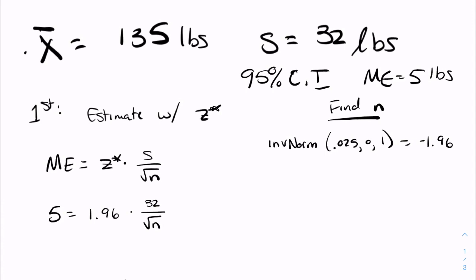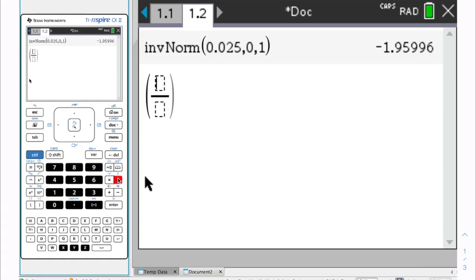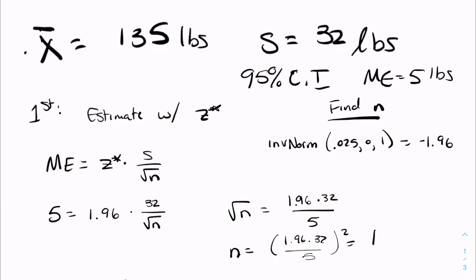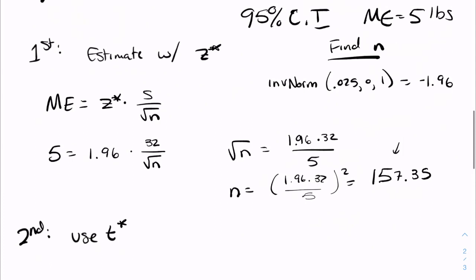So we would get square root of n equals 1.96 times 32 over 5, which means n, if we were using z star, would be equal to (1.96 times 32 over 5) squared, which gives us 157.35. So this is the n that we're going to use to then further dial it in using a t interval.